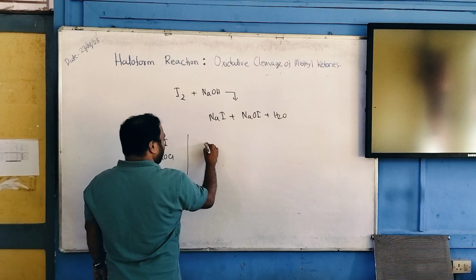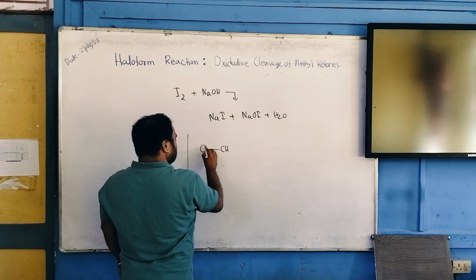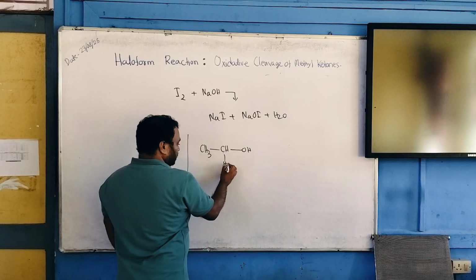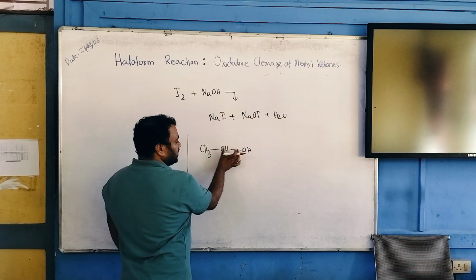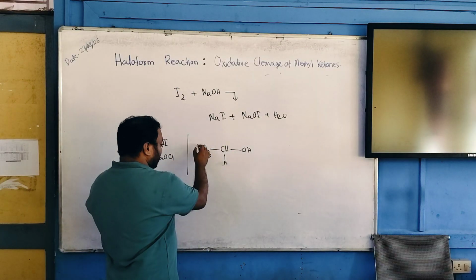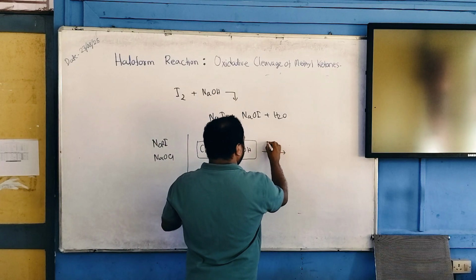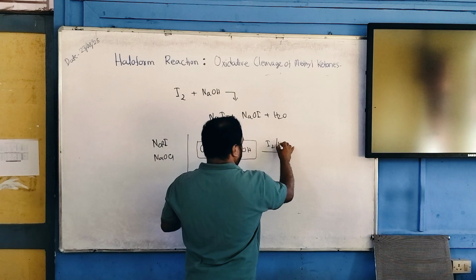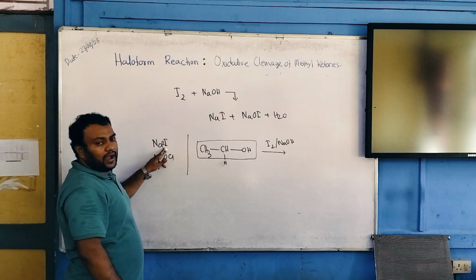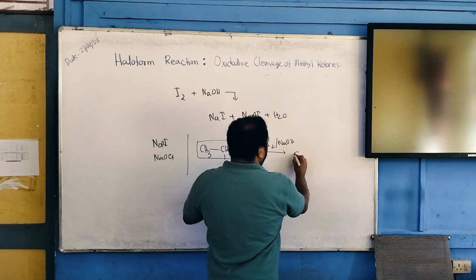So if you have an alcohol which contains a CH3CHOH unit, for example ethanol, which contains the CH3CHOH unit, and you treat this with I2 and NaOH, what will happen? This will form NaOI, which is the oxidizing agent that will oxidize this CH3CHOH unit.